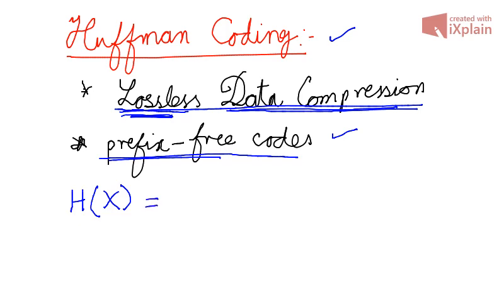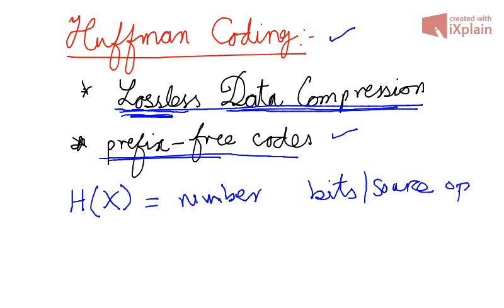When you compute the entropy by that expression, it gives a number that represents the bits per source output. And we said that this number is the lower bound.